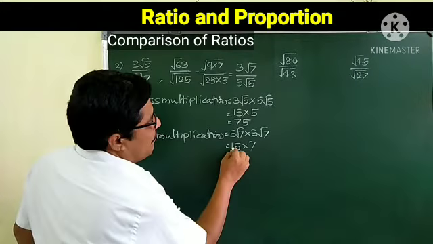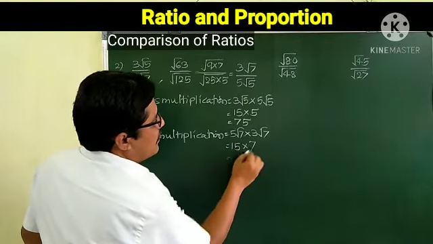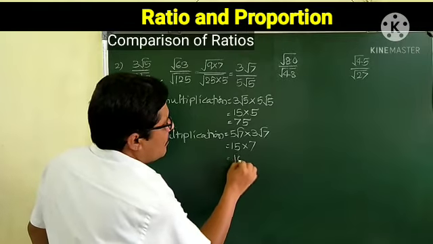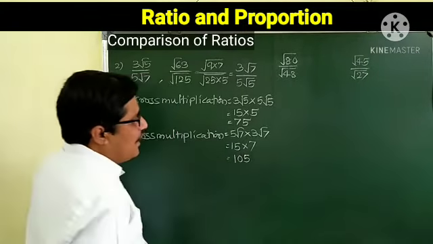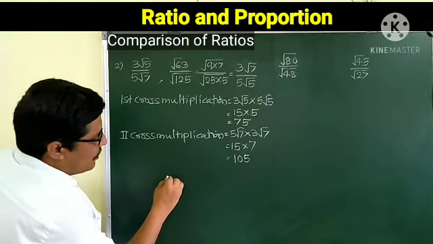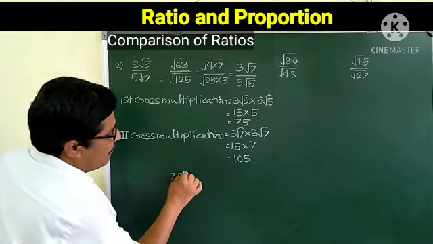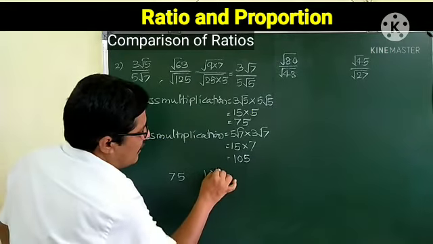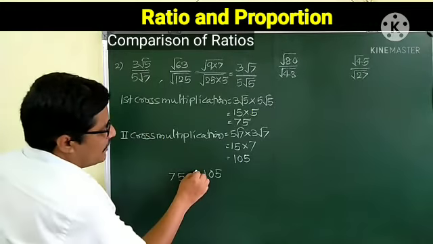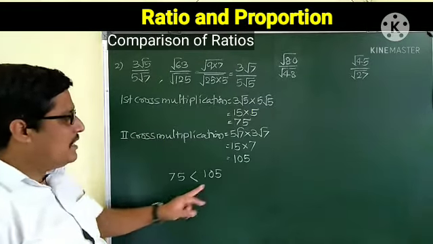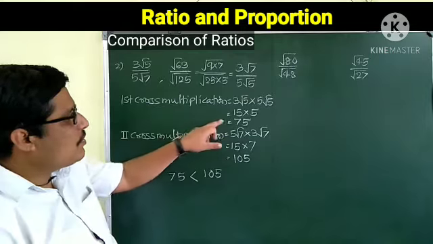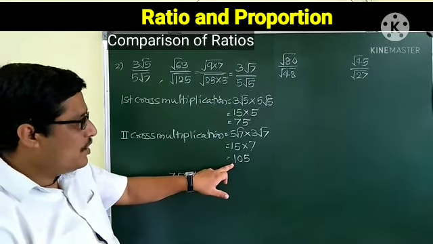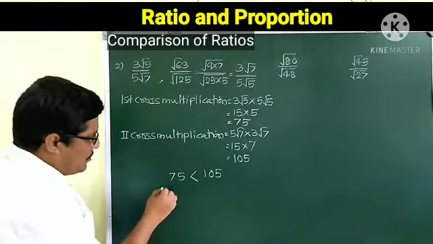So 15 sevens are 105. Therefore we have to compare these two numbers 75 and 105. First number is smaller than second number, that means first cross multiplication is smaller than second cross multiplication.